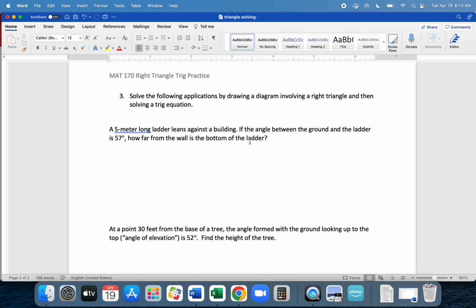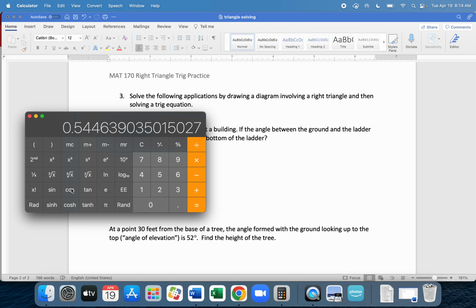So this is like 2 point something, I believe. I don't remember that number. I didn't write it down. Something less than 2.5. .7.